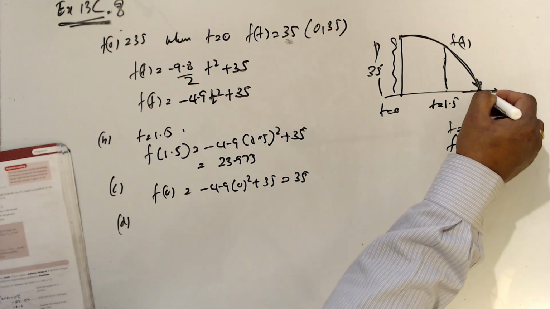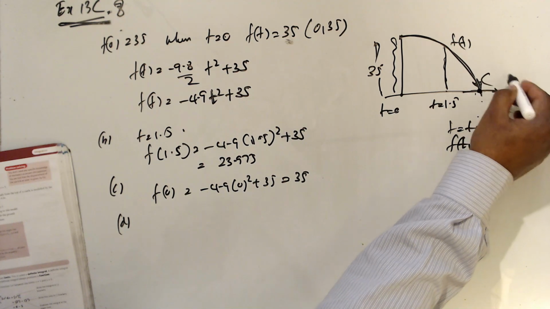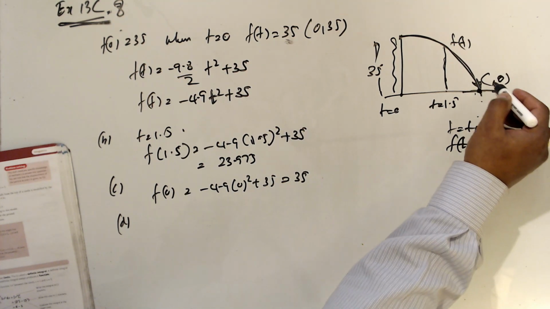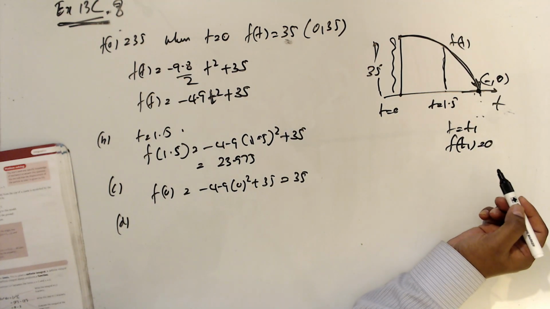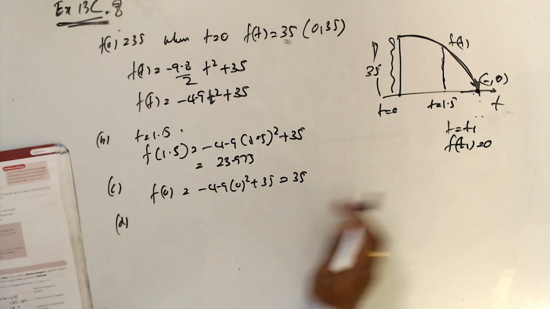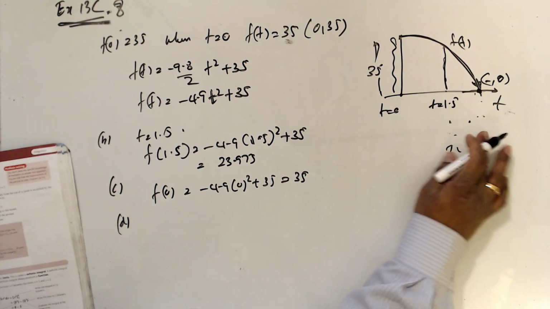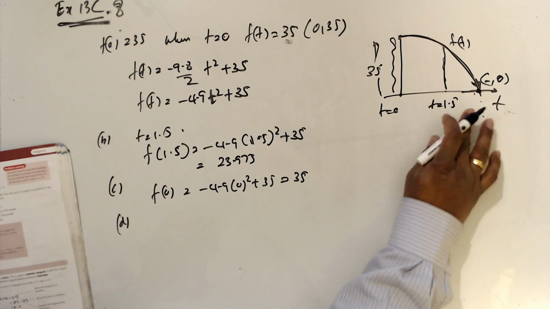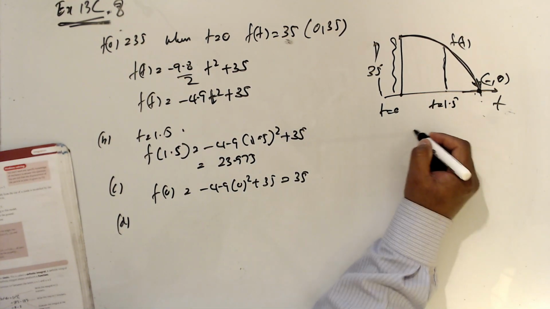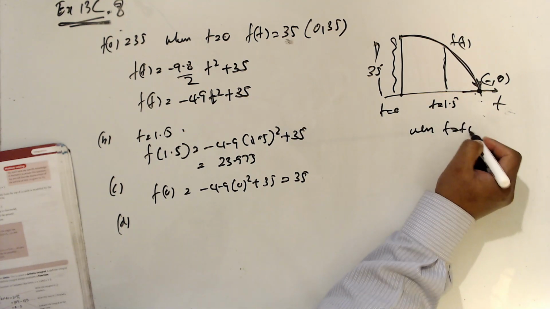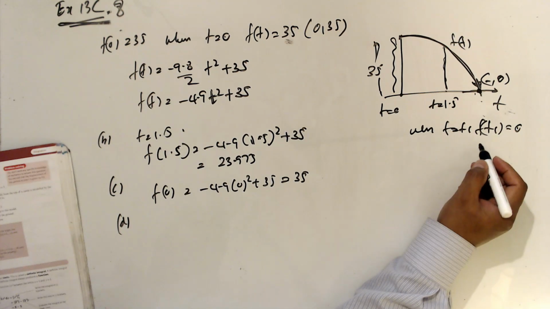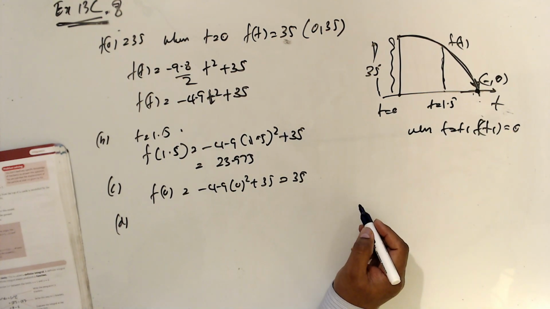When it comes to the t-axis, the f(t) value is 0. So same thing. The accurate one is this way.